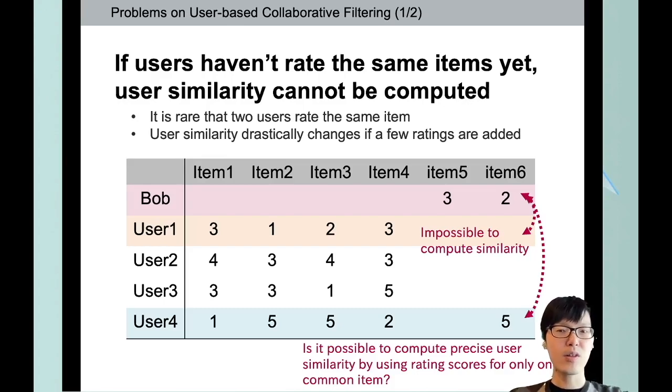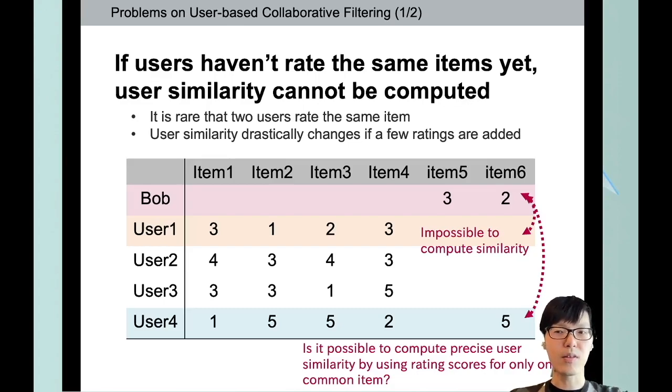Unfortunately, there is no intersection between Bob and other users on rating information. Then we cannot compute the user similarity between Bob and other users. In order to compute the user similarity, two users have to rate the same items.